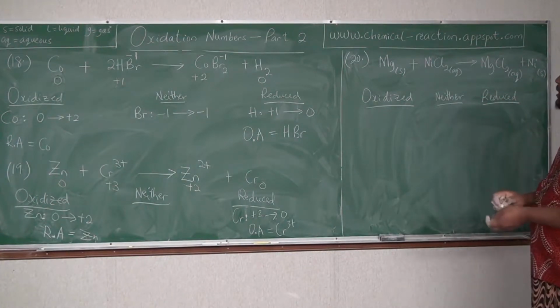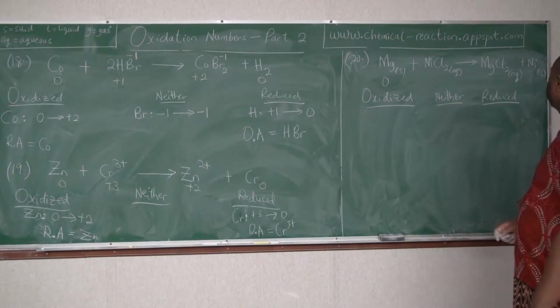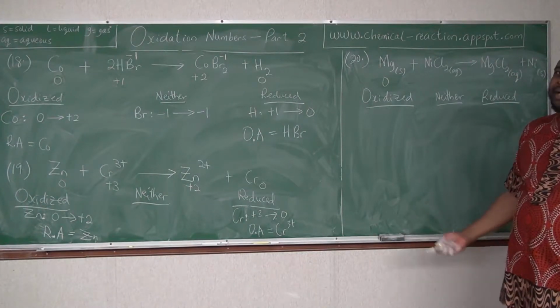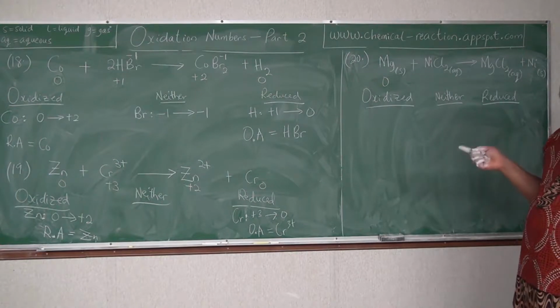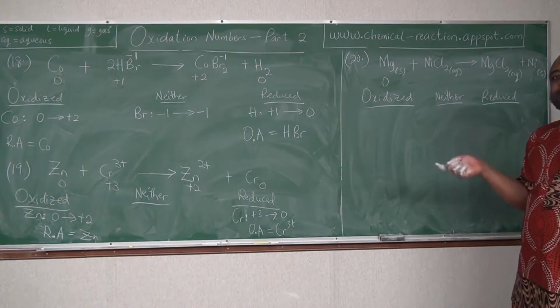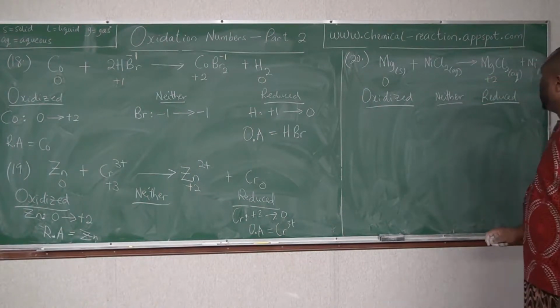So here, magnesium goes from 0 to magnesium 2 chloride, because chlorine is -1. So x plus 2 times -1 equals 0, x minus 2 is 0, x equals 2. From 0 to 2.